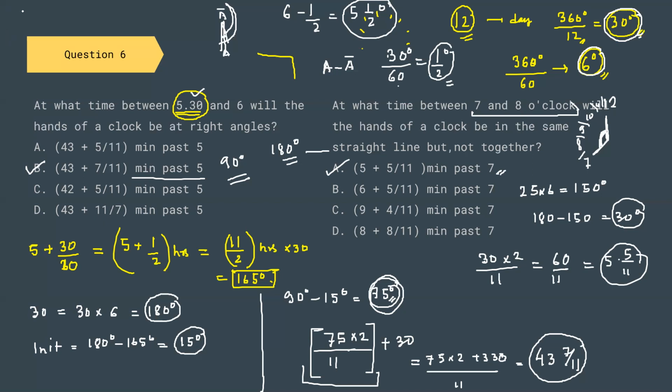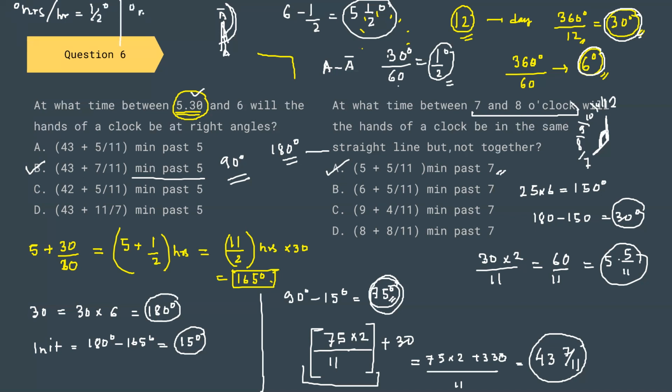So let us check the few important facts here. The angle covered by the hour hand per minute is half a degree.